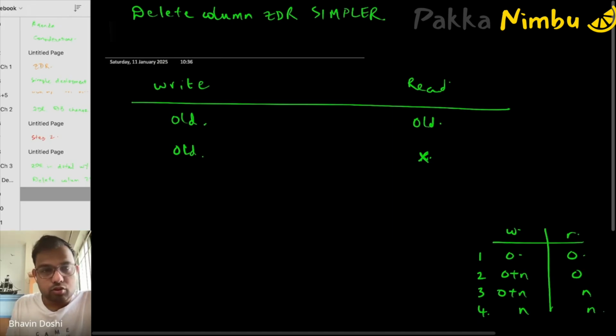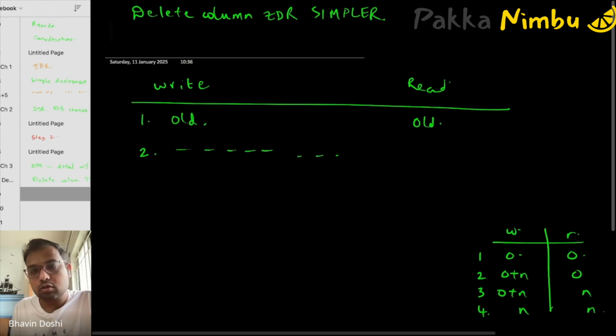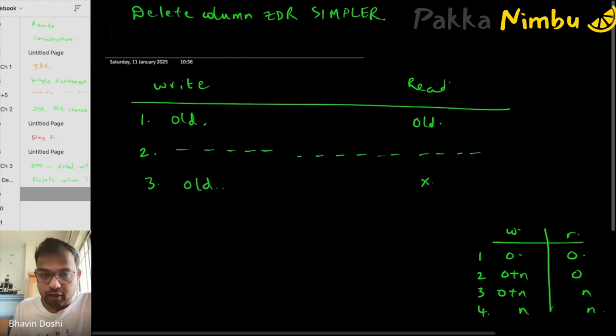And that's it. In step 2, nothing happens. In 3, you keep writing to old, but you stop reading. And then in 4, you don't do anything either. This is the simplified version.